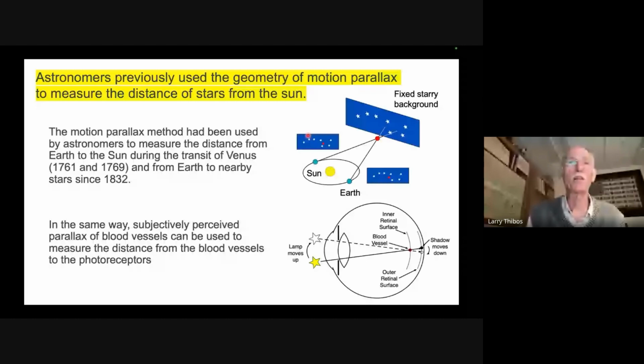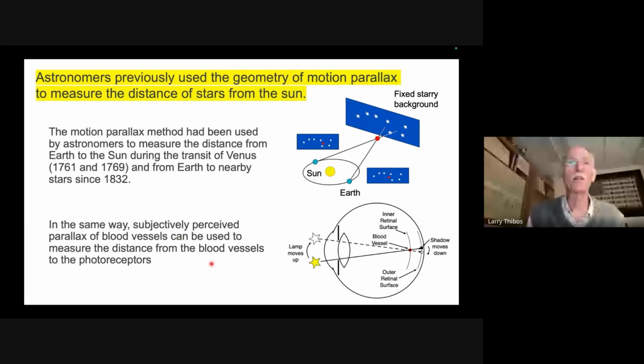And now wait 6 months until the Earth gets on the other side. Instead of spring, it's now autumn. And you look again, and lo and behold, the object seems to be someplace else. It's moved. That's the parallax that's being used. And based on a little bit of geometry, you can calculate the distance between that object and the sun, or the distance from the Earth, and make those measurements in an astronomical context.